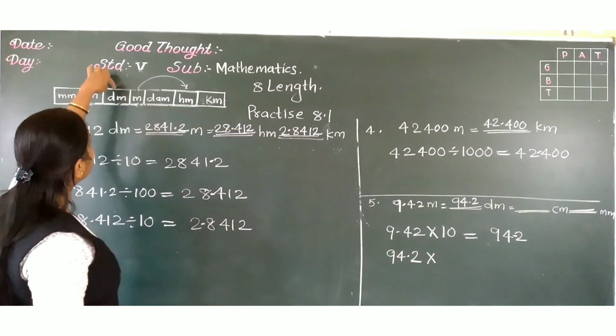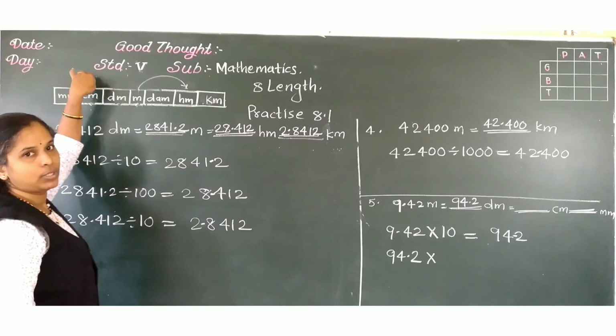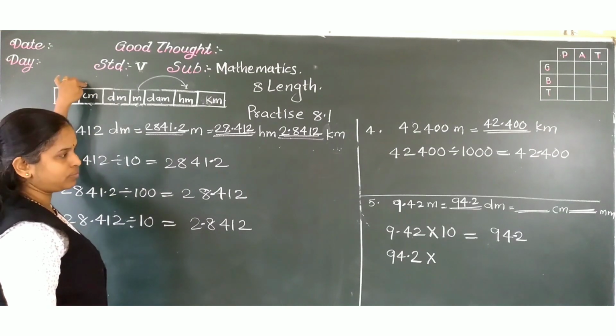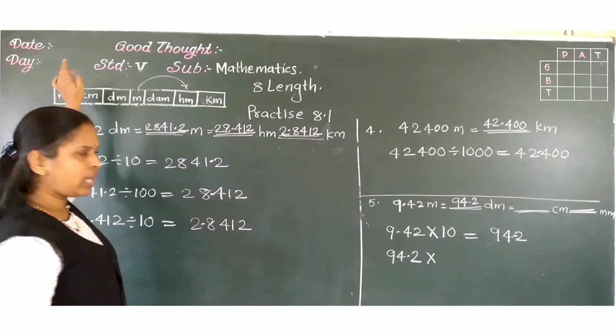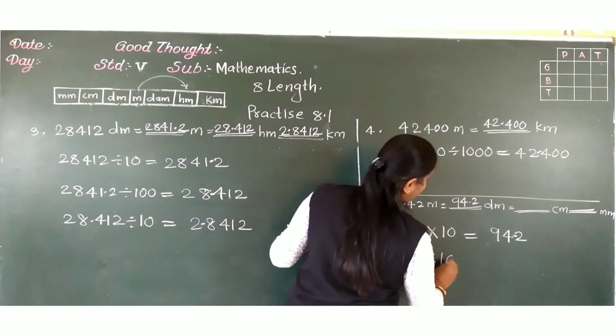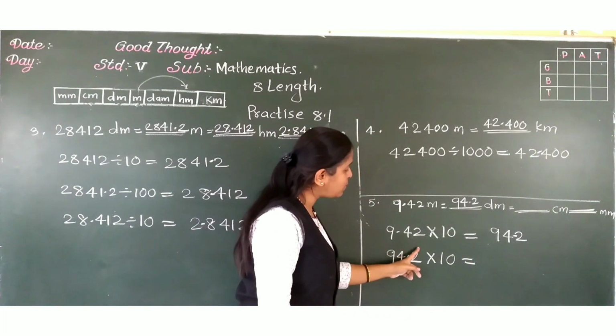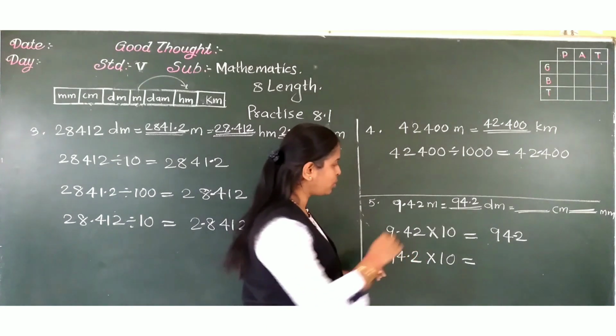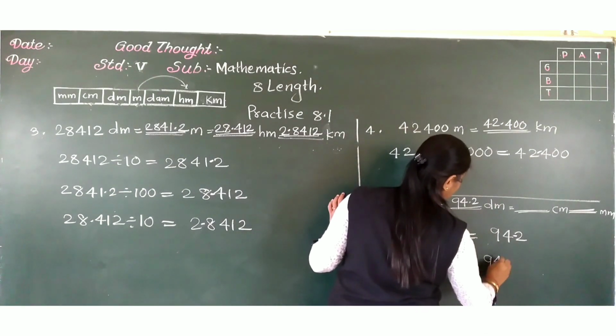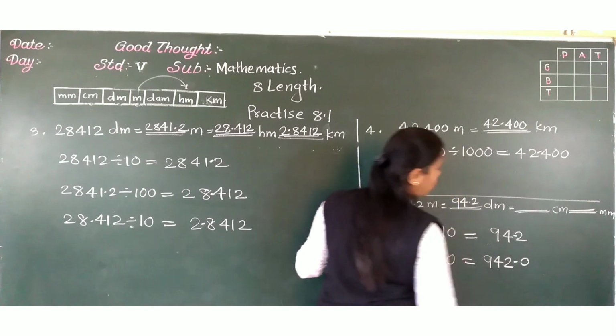That means 1 step, so again multiply by 10. So now again the decimal place will shift by 1 place to the right side. So the answer is 942.0.